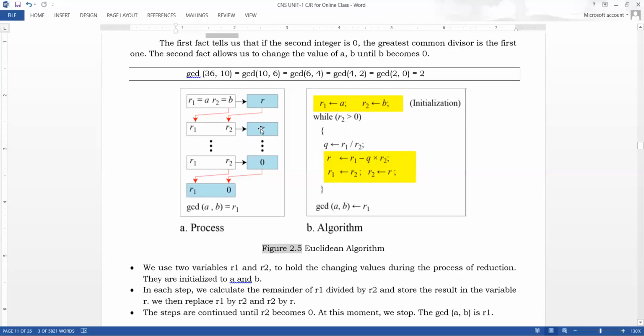Now shifting values, R2 to R1 and R to R2. So repeat these steps until R2 is 0. When R equals 0, the latest value noted down is the GCD of A comma B.